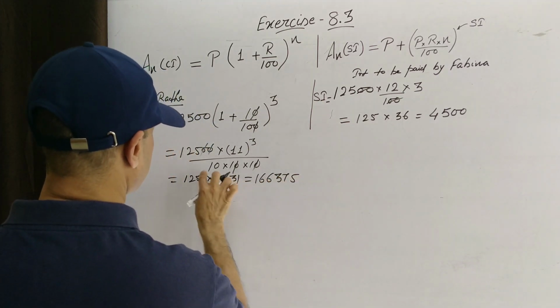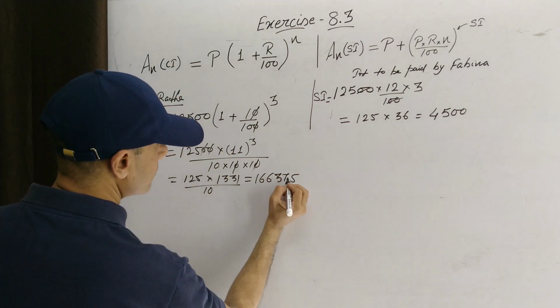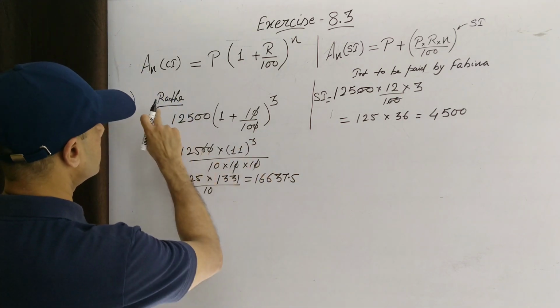equals 166,375, already calculated, divided by 10. So we get the value as 16,637.5. This is the total amount.